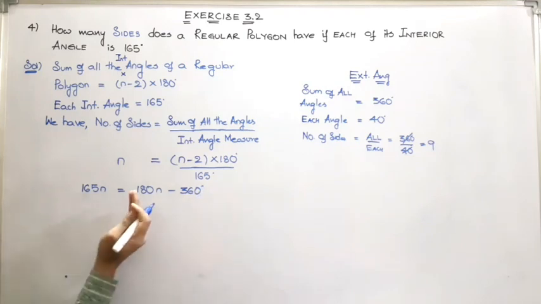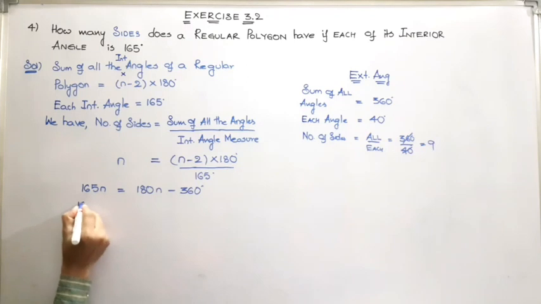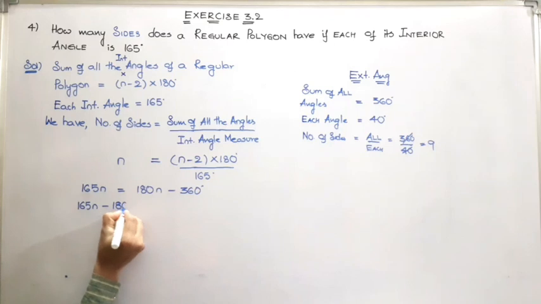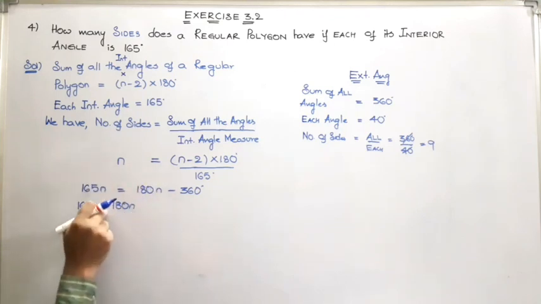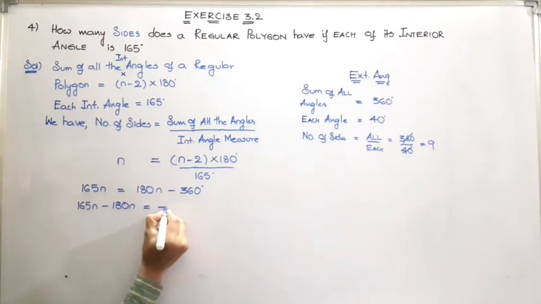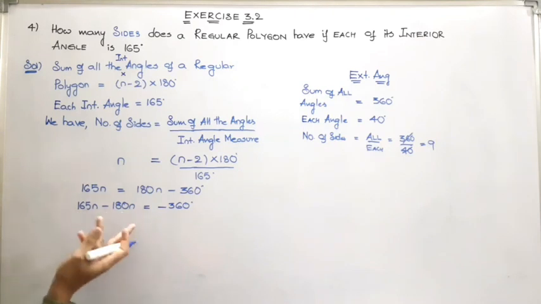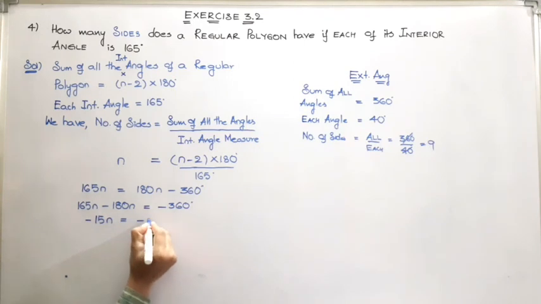I am transposing the 180n, which is plus here, to the other side. So it became minus. 165n minus 180n is equal to minus 360 degrees. So 165 minus 180 gives minus 15n. Minus 15n is equal to minus 360 degrees.